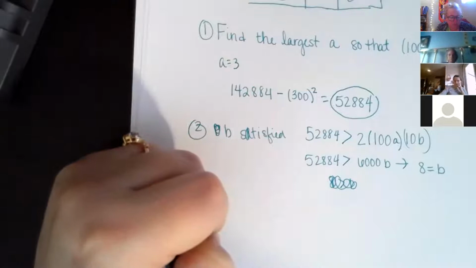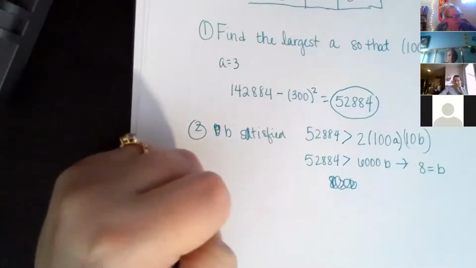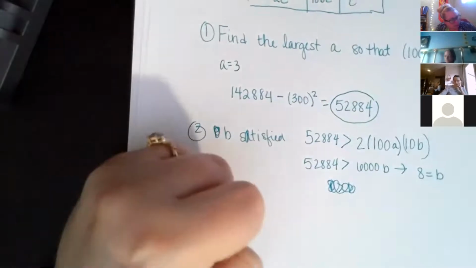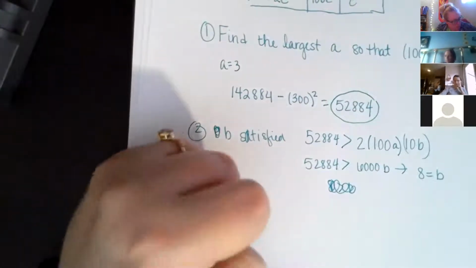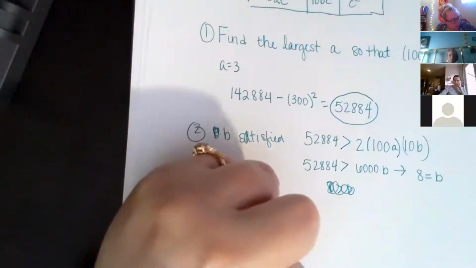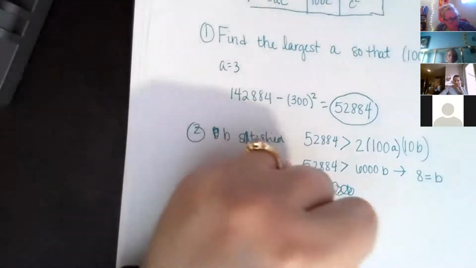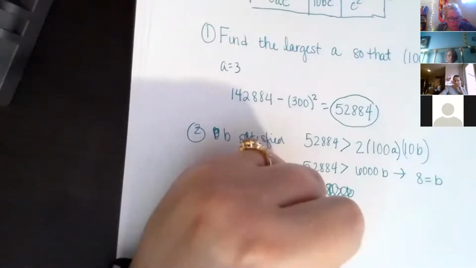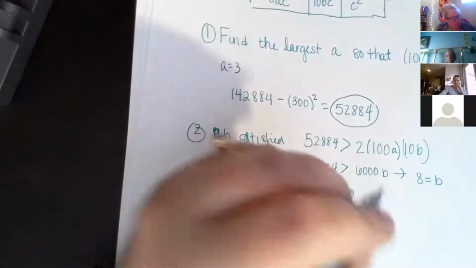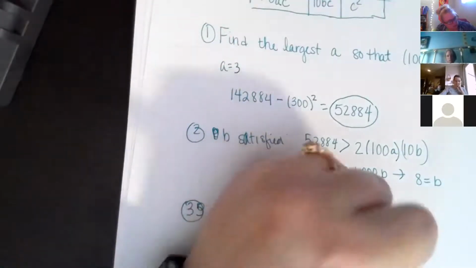So what we want to do then, after we found this number, it's 3, is check to see if b equals 8 is correct.